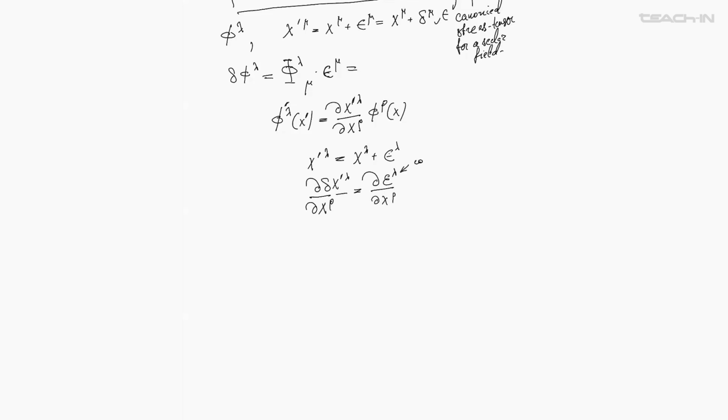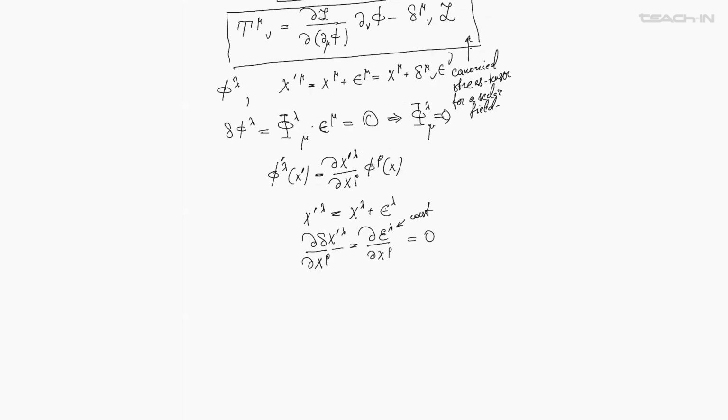As a result, this variation vanishes as well, and therefore for the vector field the response also vanishes, as it was the case for a scalar field.